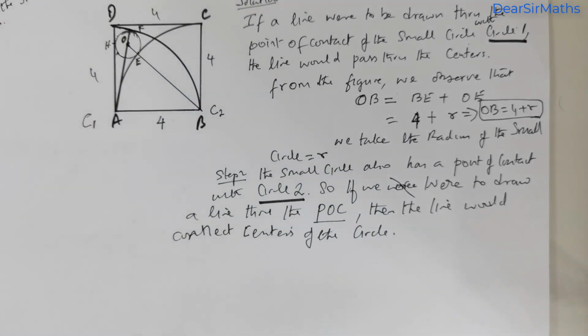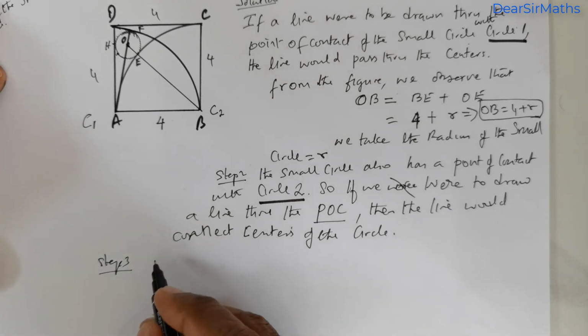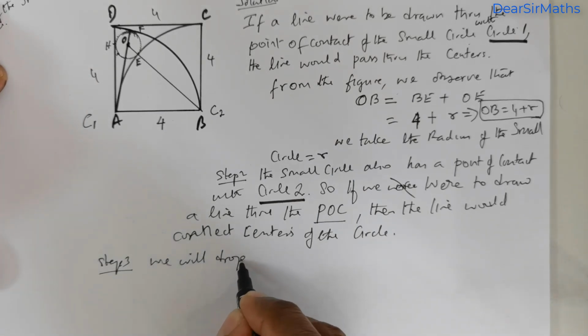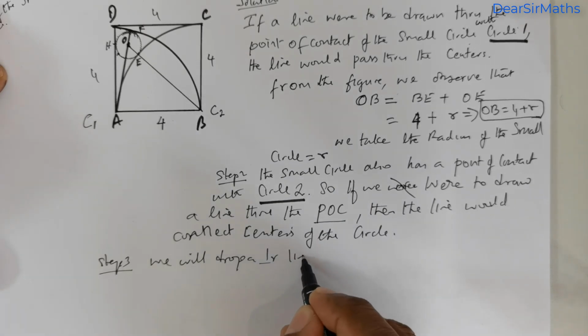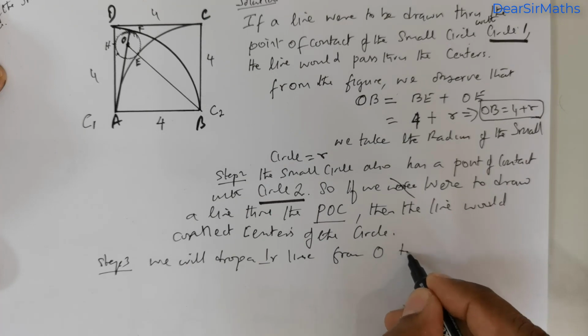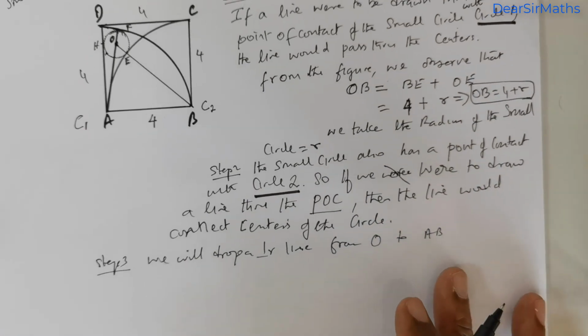Step number 3, we will drop a perpendicular line from O to AB. So let's do that.